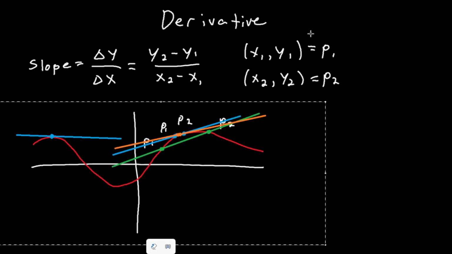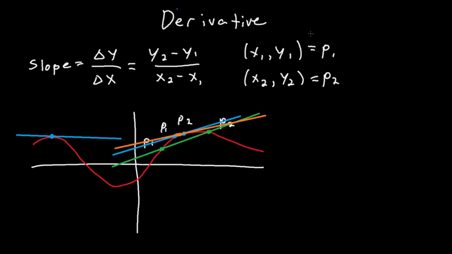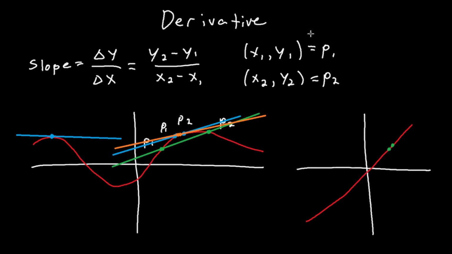But let me add some slight nuance to the tangent line. The slope of your tangent line is the derivative, correct? That's what we've been saying this entire time. But what if you had a straight line, for example? How do you find the derivative of the straight line? Well, let's drag 2 points that are super, super close to each other, and then measure their slope.